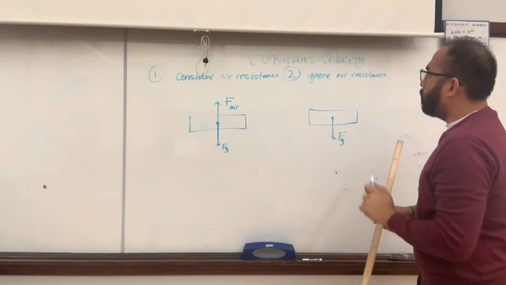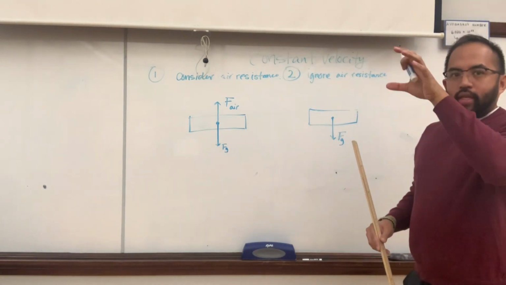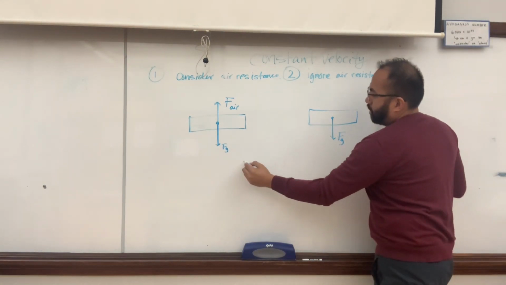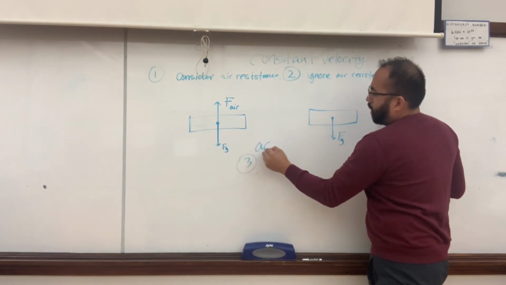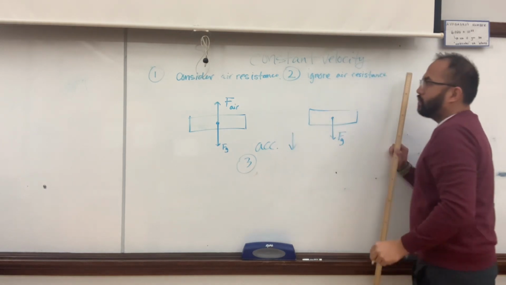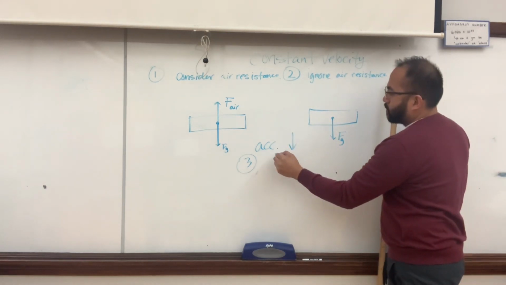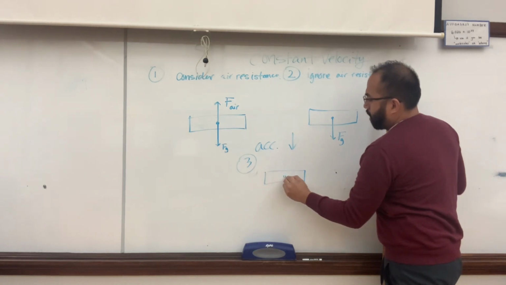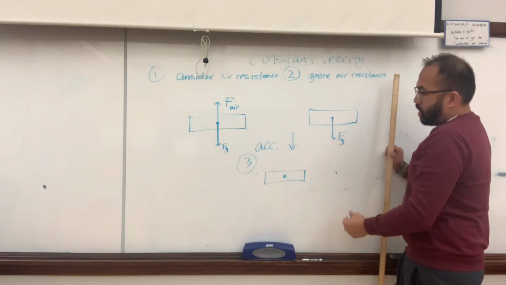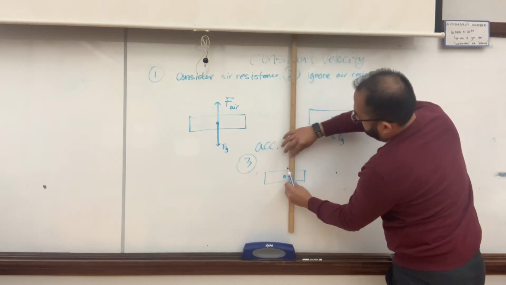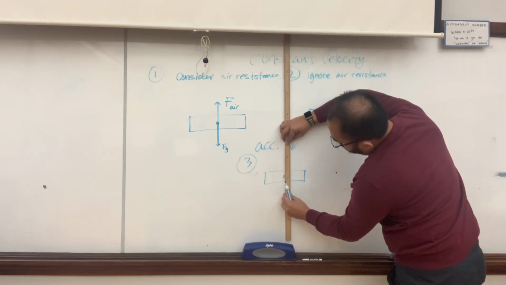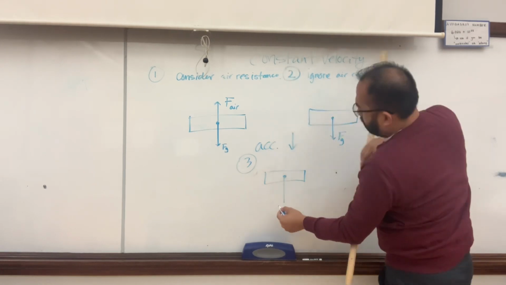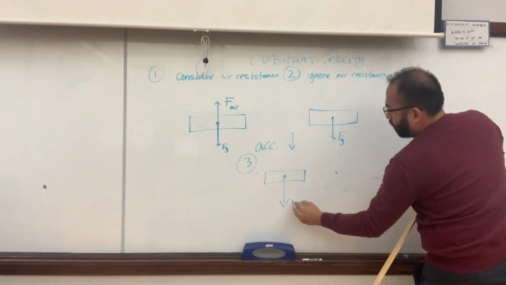Let's say, though, that the object is accelerating down. So this is going to be accelerating downward, and we have air resistance as well. So this will be my drawing for my free body diagram right there. Let's say that's going to be my force of gravity.